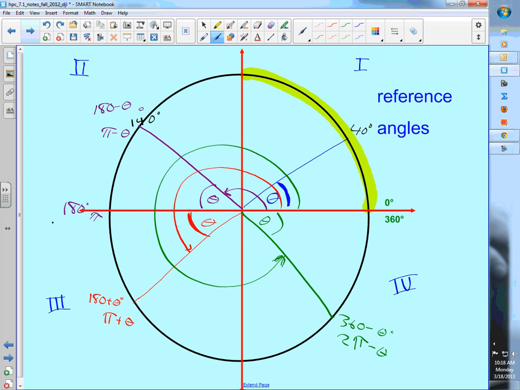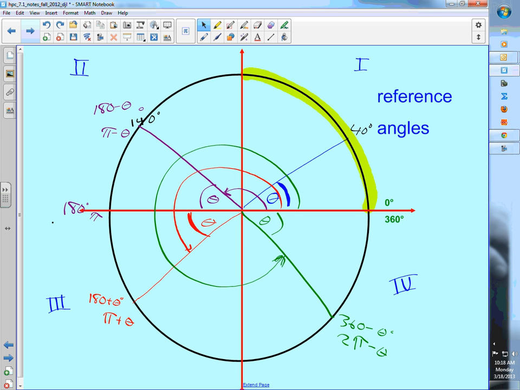Now, there's always 1 or 2 people who do not heed the next statement. You always find your angles in quadrants 2, 3, and 4 by adding or subtracting from the horizontal.